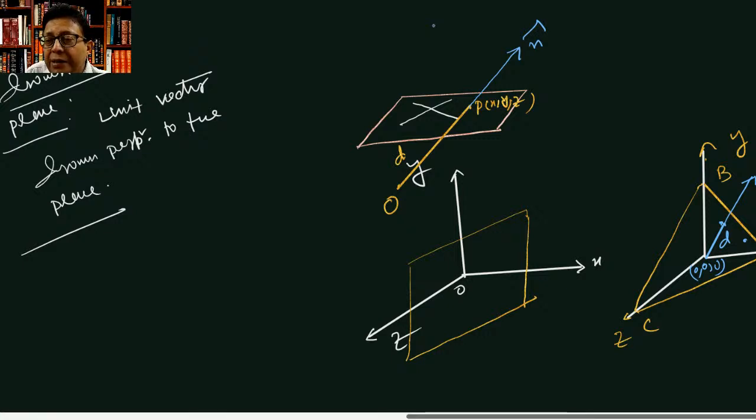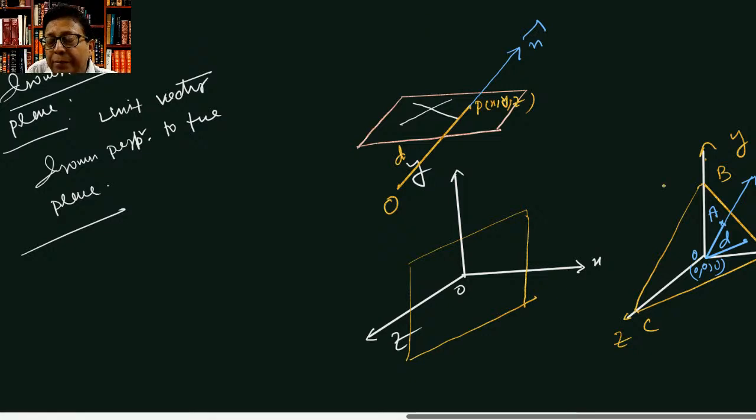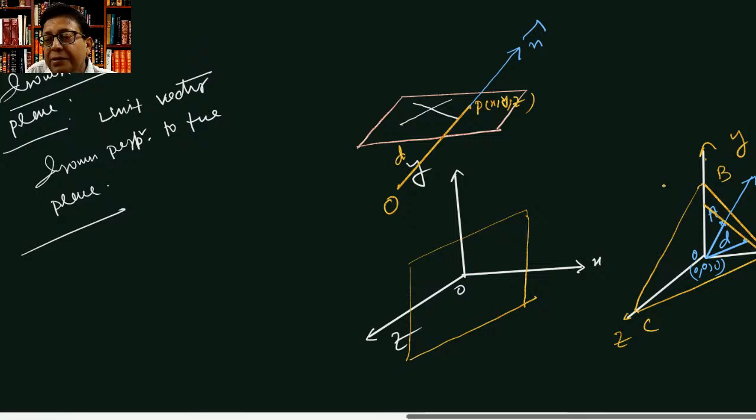And then A is a point on this normal, this perpendicular. This is perpendicular to the plane. Join O to P also. Now A and P lie on the same plane. Join them by a line segment.